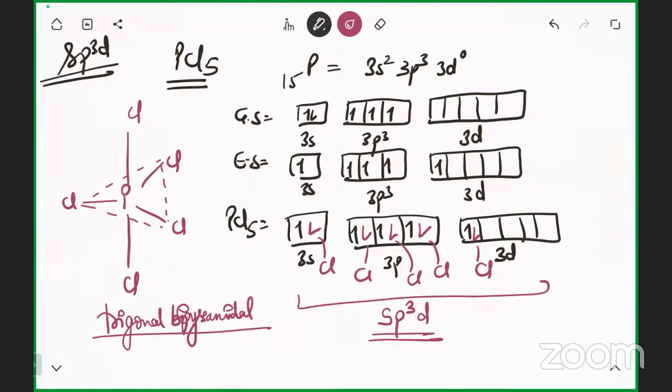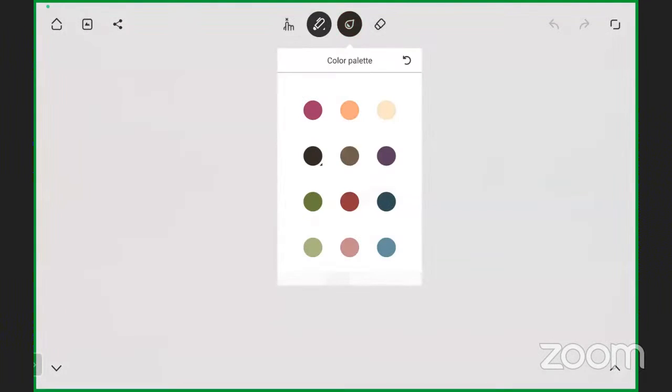Okay, next type. One more next type example, that is sp3d2. What will be the definition? When 1 s, 3 p and 2 d orbitals hybridize together to form a new set of orbitals, it is known as sp3d2 hybridization.